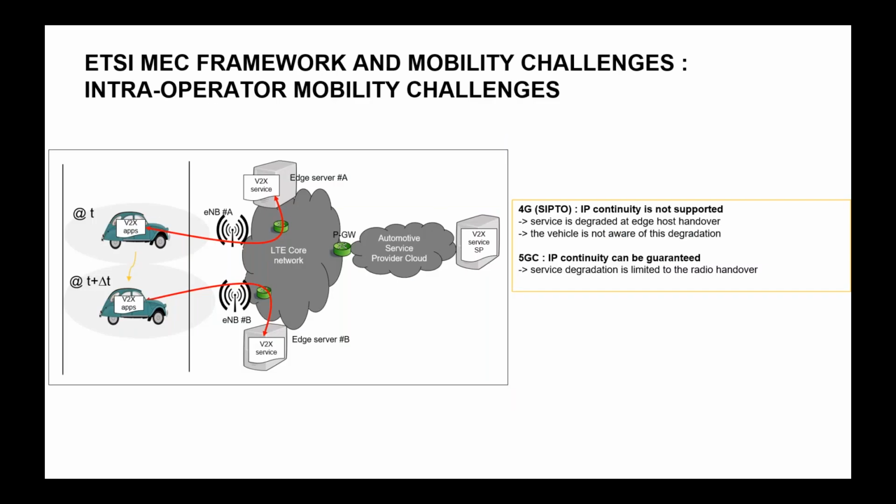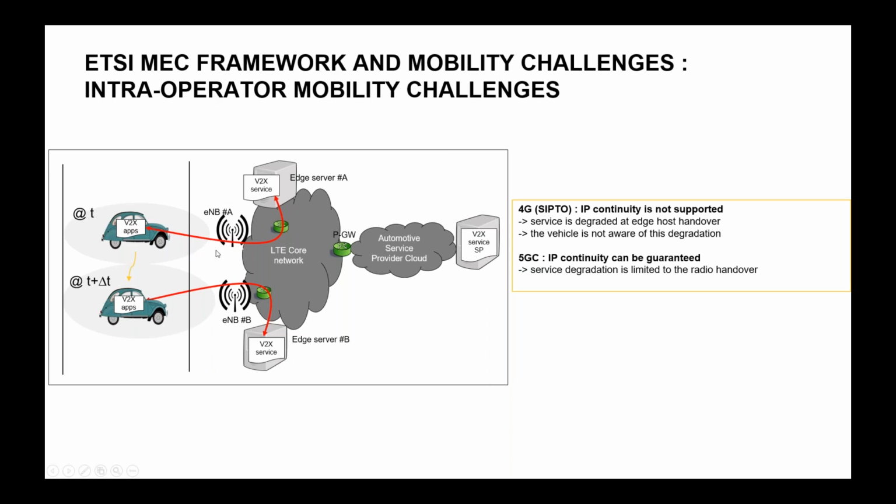Let's now talk about what is not standardized and still open. So again, let's talk about the mobility inside the same network. When you move from base station A to base station B, if you are using a 4G network, you will experience some IP discontinuity.